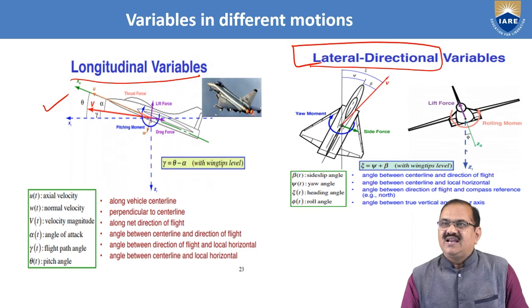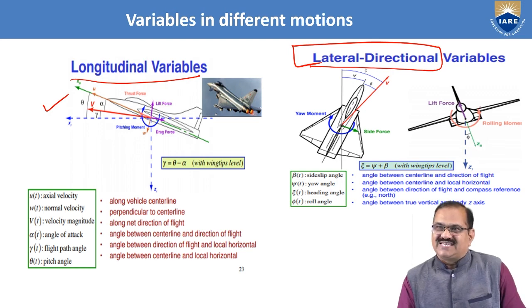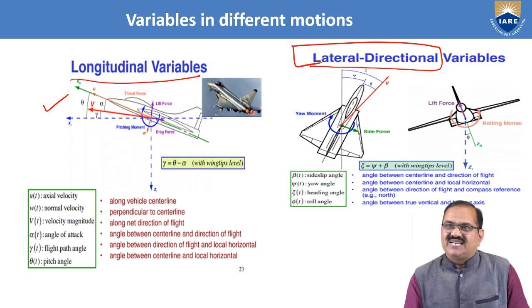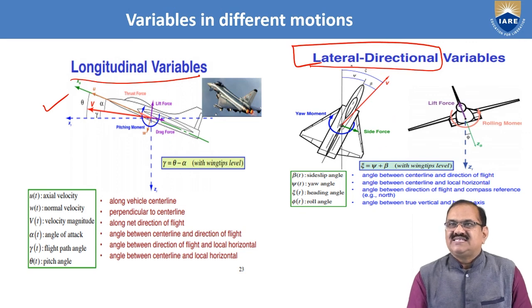The roll angle is the angle between the vertical and the perpendicular to this axis, about which the rolling moment acts. Here you will generate a side force, and this is the yaw moment in this direction. So here it is psi, beta, and zeta. You can see that zeta, the heading angle, is the summation of the yaw angle plus the side slip angle. So zeta is equal to psi plus beta.